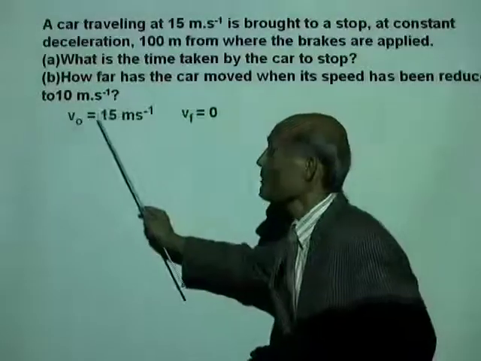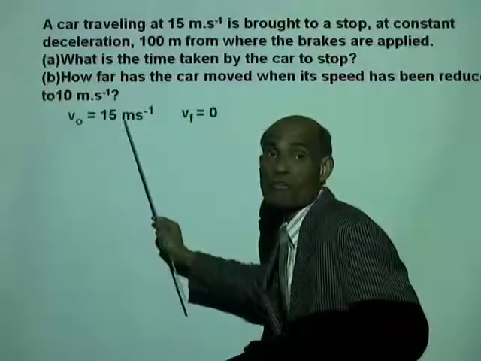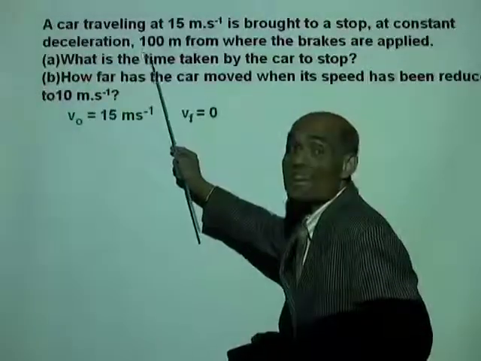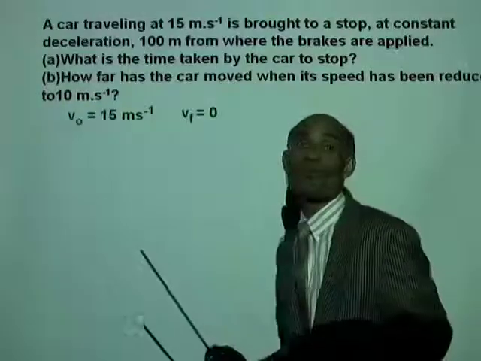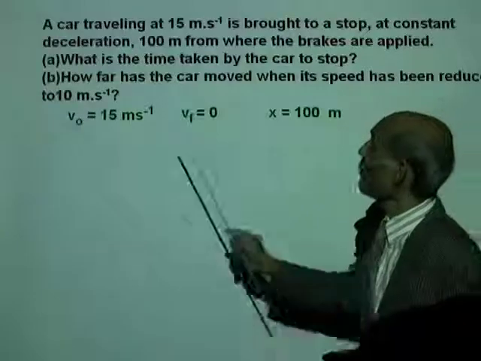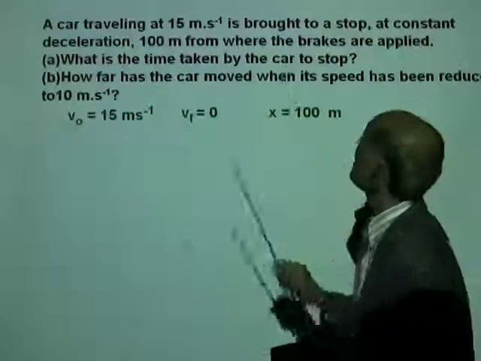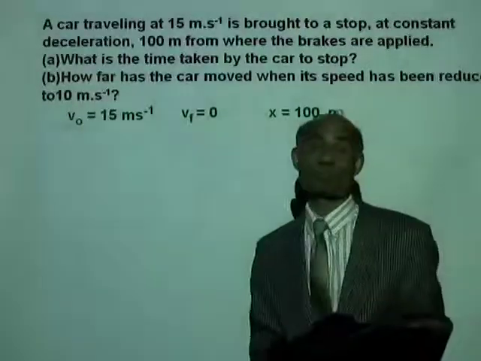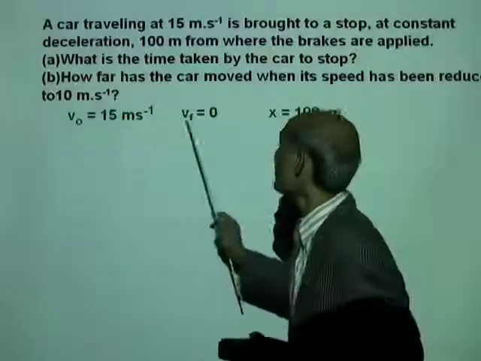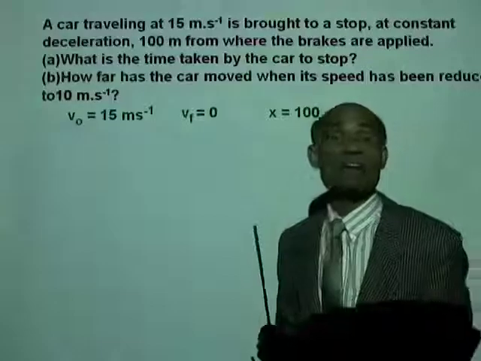That means velocity from 15 meters per second becomes 0 during a displacement of 100 meters. X equal to 100 meters. What is the time taken by the car to stop? Well, here's a little problem. We have V0, Vf and X.